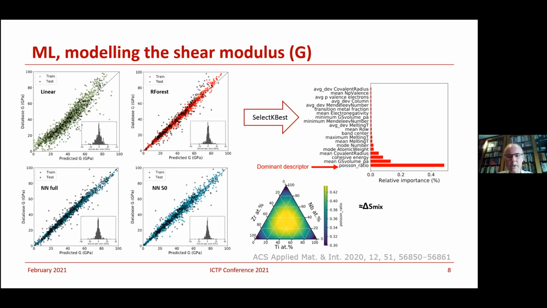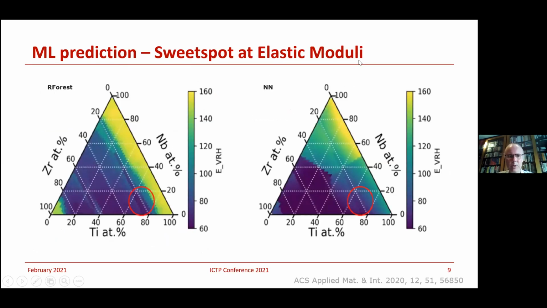So you could then calculate the elastic moduli. What you see is the machine learning prediction using two completely different methods, the random forest and the neural networks. And we end up with a very interesting sweet spot here, where you have a large concentration of titanium, and then you also have the combination of zirconia and niobium.